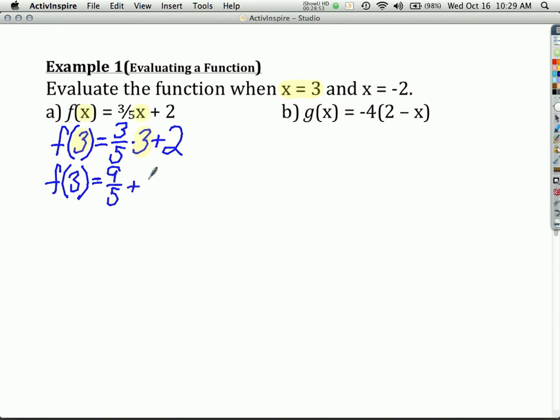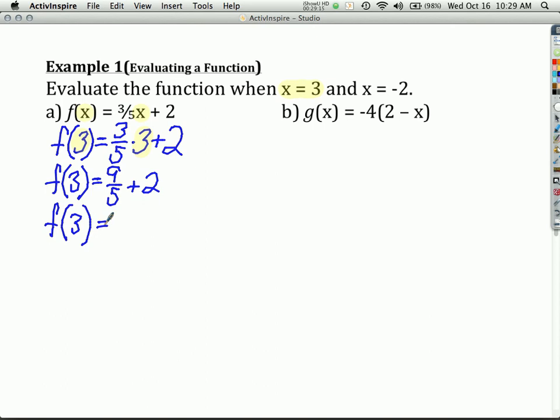9/5 plus 2. So what do we get for f of 3? F of 3 equals what? Can people add those 2 numbers together? Sharik?